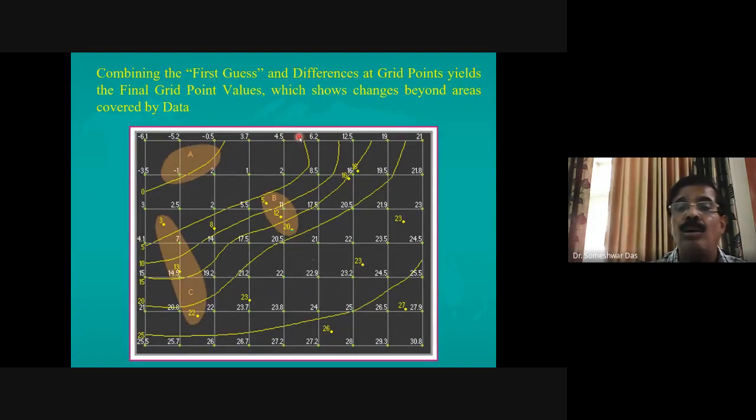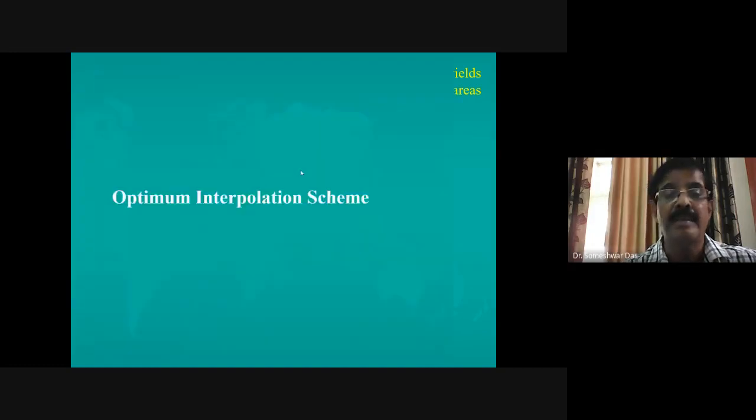Like that, at all the grid points you will get the new values of the analysis, and then you will draw these isolines. These are the changes because of the observations, the objective analysis based on the observations at that current time.